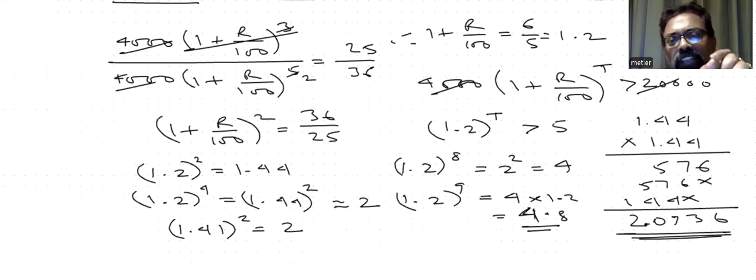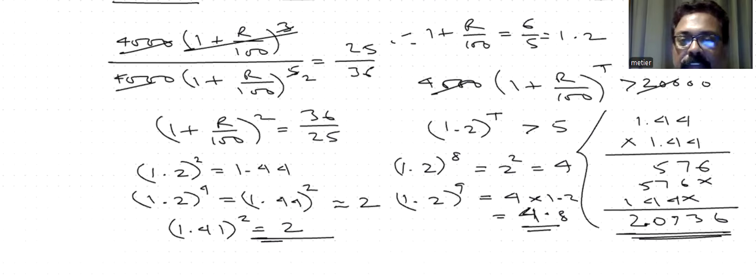Very nominal change from 2. So there is no point to think twice. Whatever approximation we have done here is perfect. I have calculated this to give you the confidence that this kind of slight adjustment will not affect your answer. So 1.2 to the power 9 is 4.8. So T is 9 gives 4.8, so our answer is T is 10.